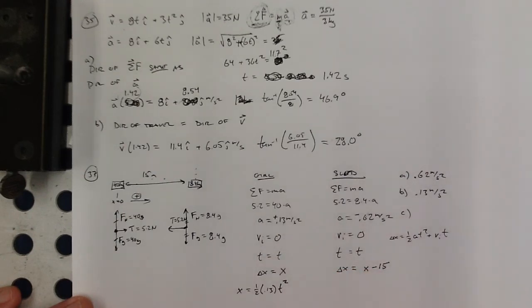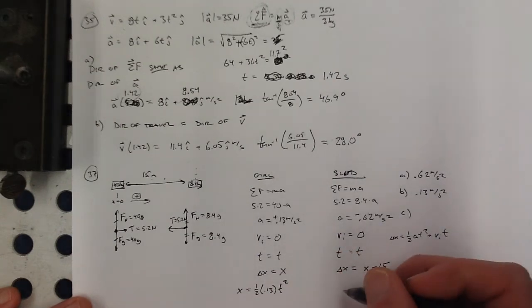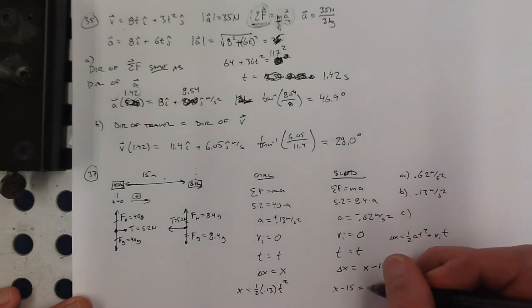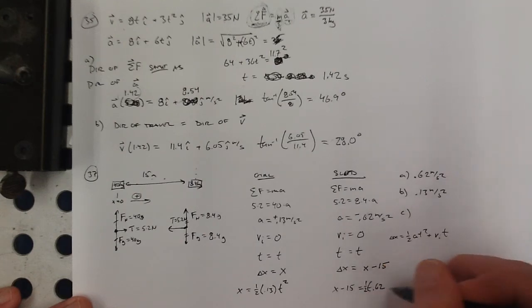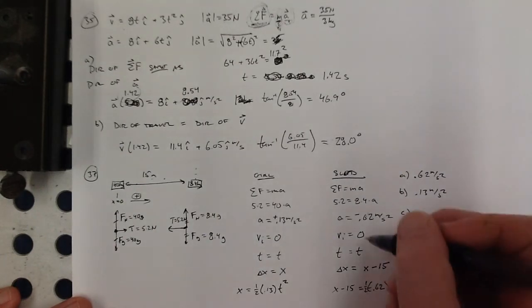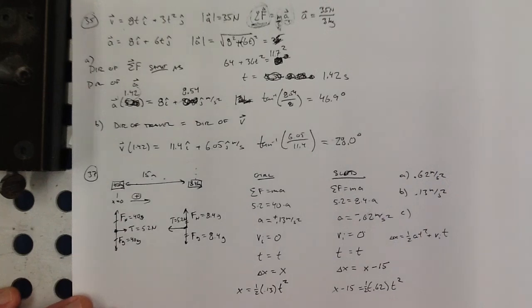The initial velocity is 0 here, and here x minus 15 is equal to negative 0.62, oops, forgot the 1/2, times t squared plus v_i t, and that's also 0. So I got a system here. I would like to know what x is.